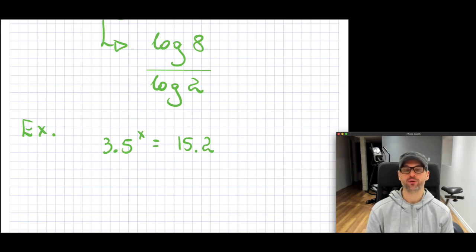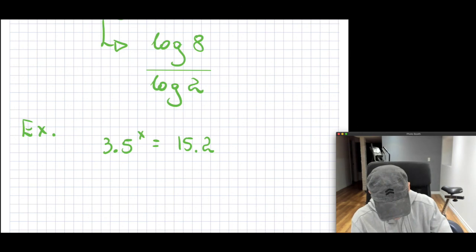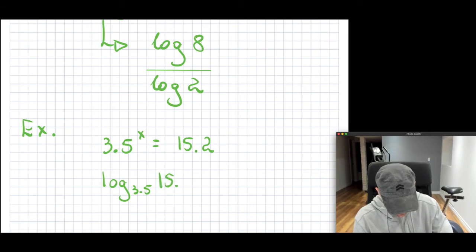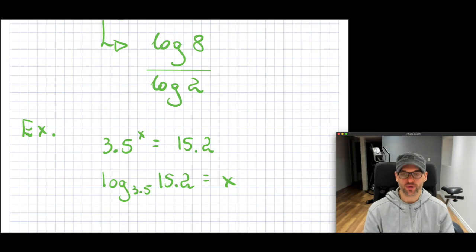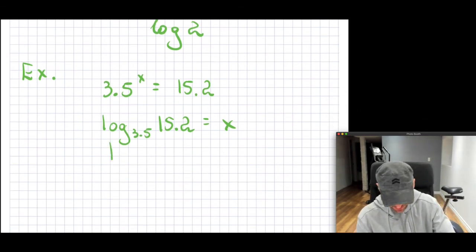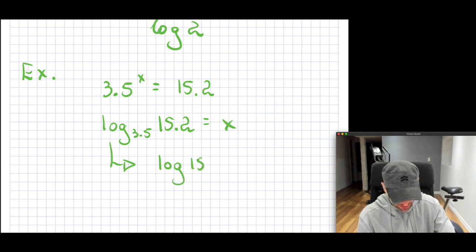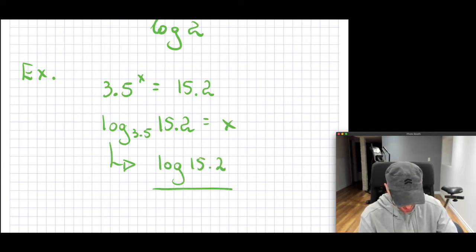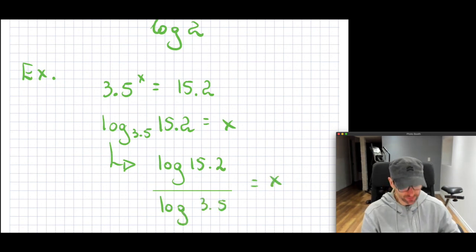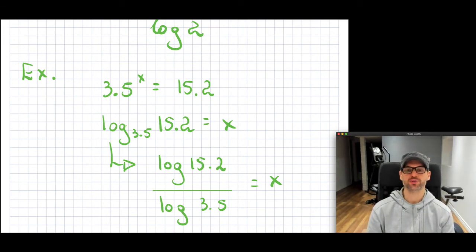Well, in order to find the exponent, notice we have to change this to log of our base, 3.5, of the output, and that is going to give us our exponent. Now, because we may not have this on our calculator, we have to say log 15.2 divided by log 3.5. And that will give you your exponent x.